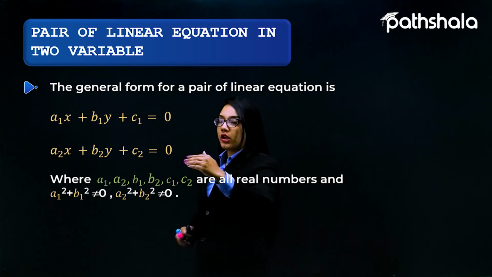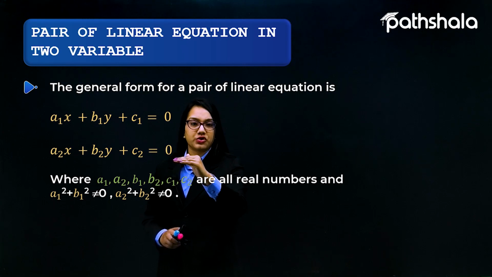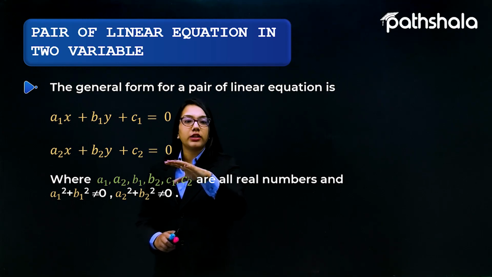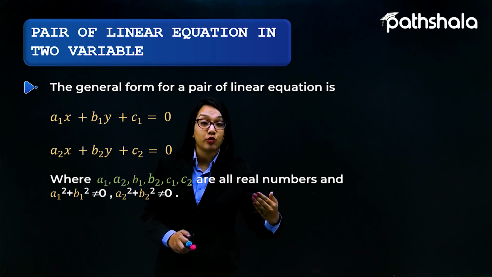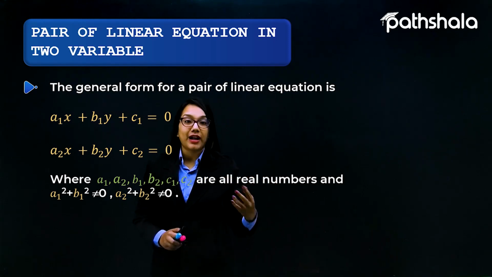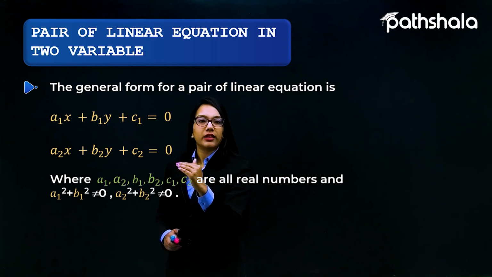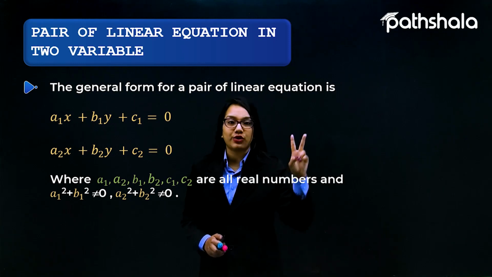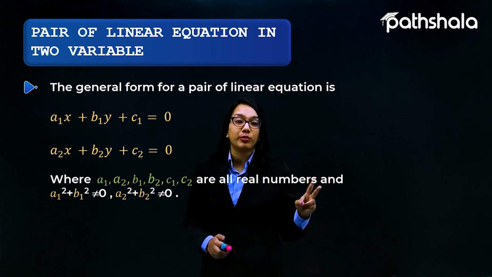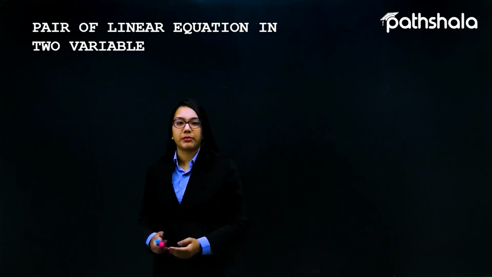Similarly, if I plot the other linear equation in two variables on the graph, it again comes out to be a straight line. So if we plot both of these equations together, they would come out as two straight lines together. So let's further talk about this concept.